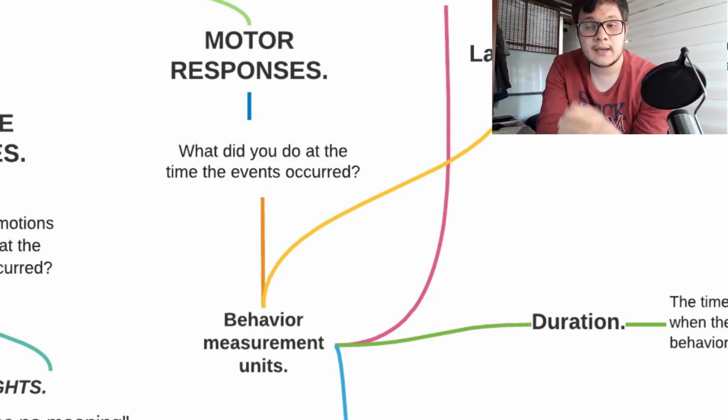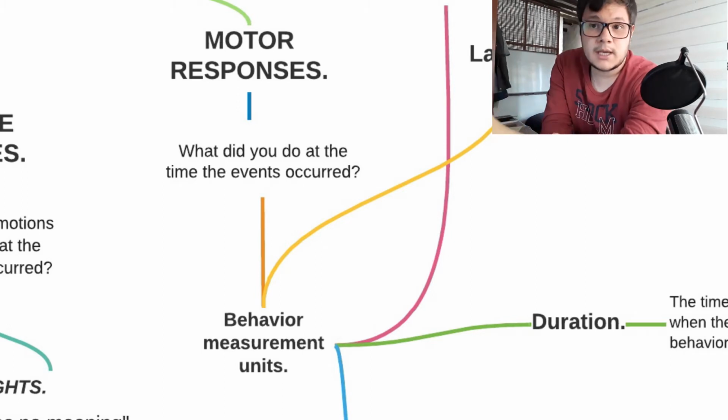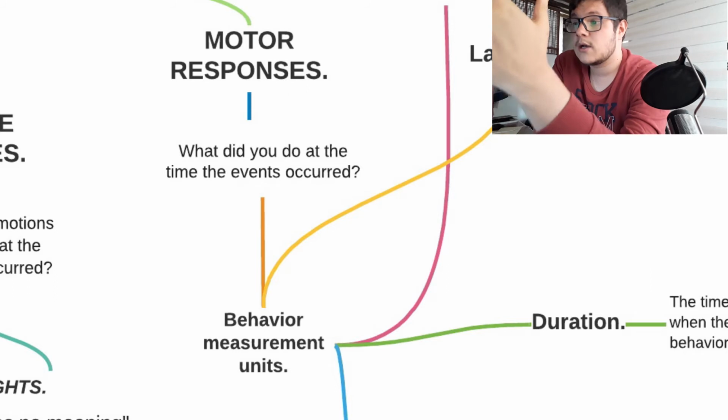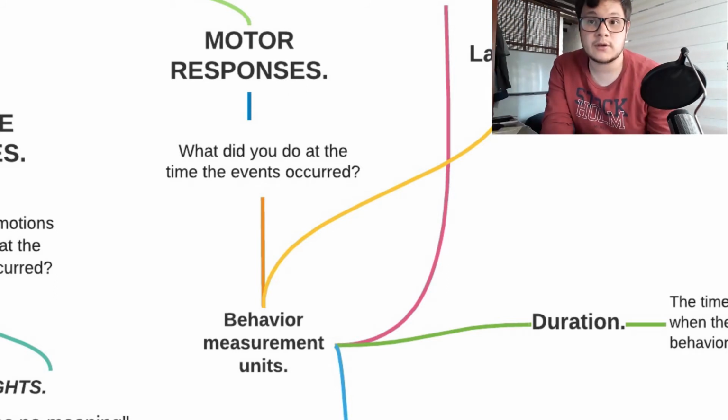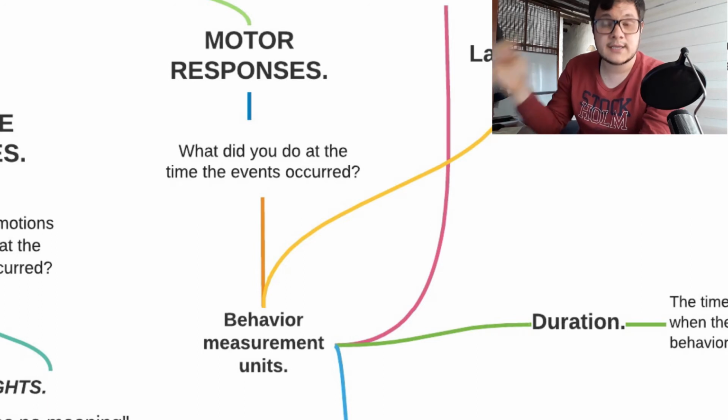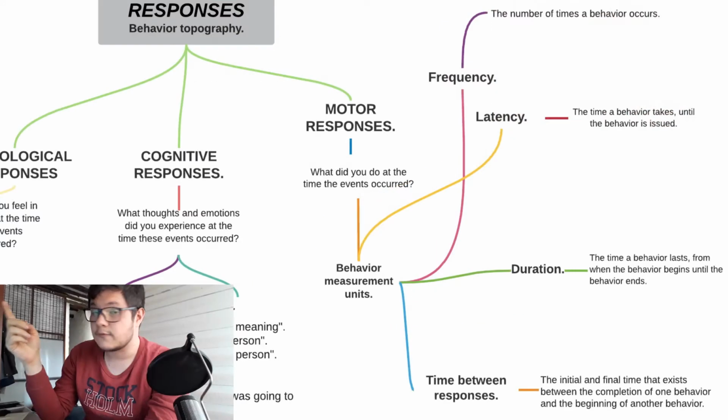On the other hand, we have the quantitative way, where we will have to make use of the units of measurement. Behavior units of measure are used to determine counts of behavior and/or temporal measurements. We have different types of units: frequency, latency, duration, and time between responses.